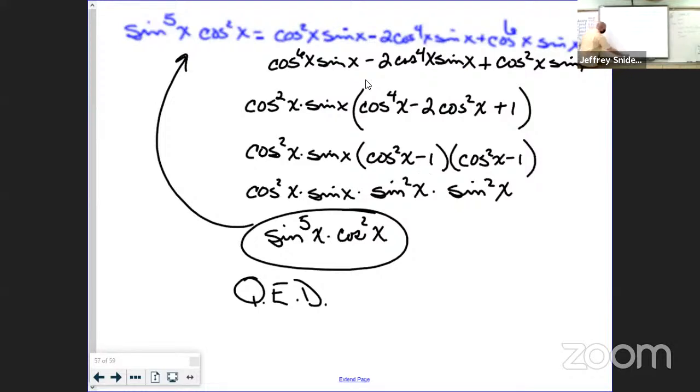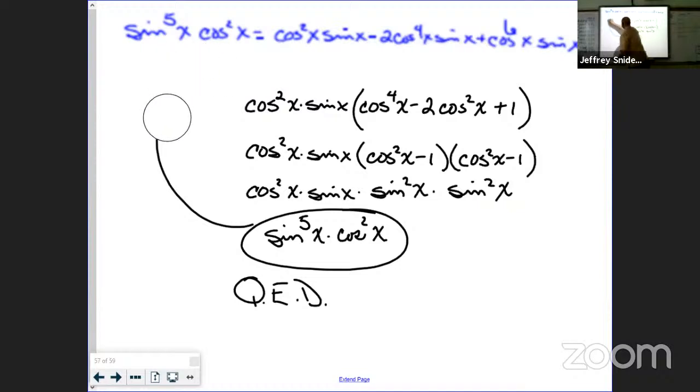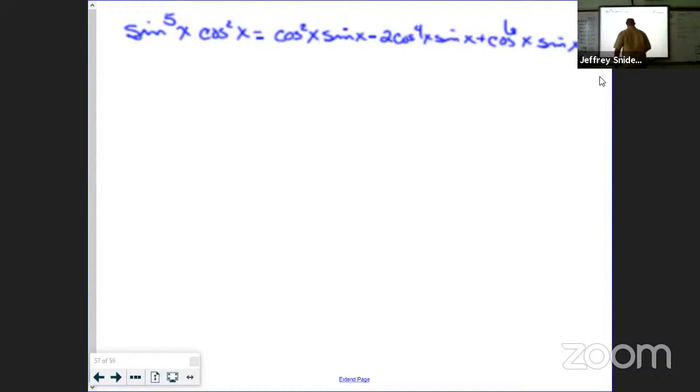So what did you start doing something completely different on it? So I changed the left side to sine x times sine to the third. So you worked on the left-hand side. I worked on both sides. You worked on both sides. Okay. Let's just get rid of this.